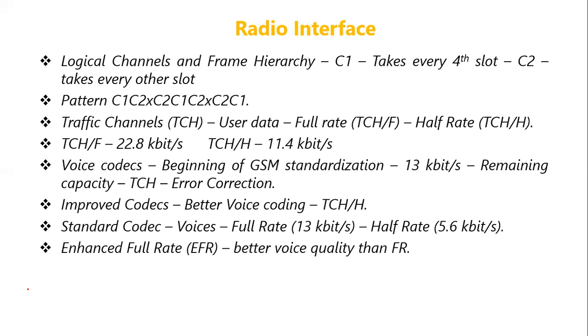Data transmission in GSM is possible at many different rates. For example, we have traffic channels at full rate operating at 4.8 kilobits per second, at 9.6 kilobits per second, and in the newer specification, at 14.4 kilobits per second.